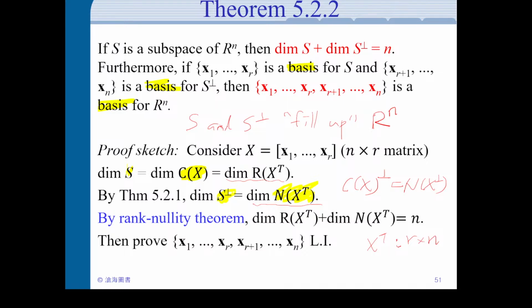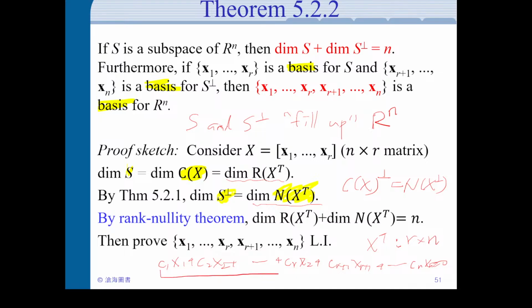We need to think about what happens when we have this dependency equation: c1x1 + c2x2 + ... + crxr + c(r+1)x(r+1) + ... + cnxn = 0. We want to check whether, when this thing equals 0, all the c equal 0.